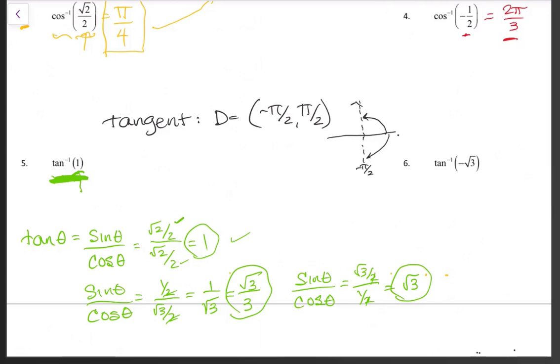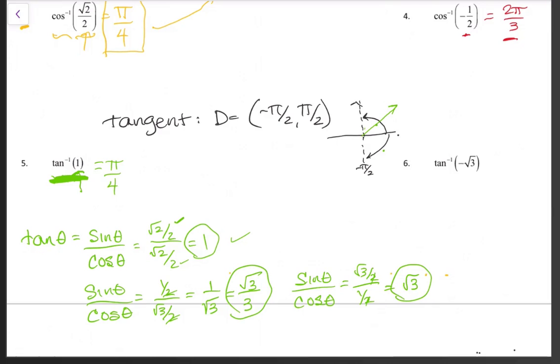Now again, if I'm looking at only the first and the fourth quadrant, sine and cosine and tangent are only positive in the first quadrant. So I'm looking for the angle in the first quadrant where tangent is equal to 1, meaning sine and cosine are both square root of 2 over 2, and we know that that angle is pi over 4.